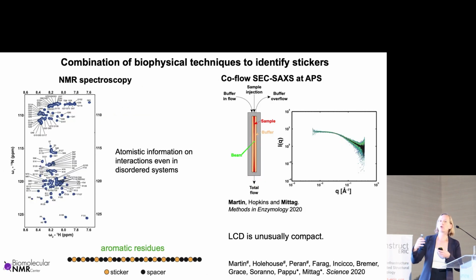So to look for the interactions that really drive this self-association, we took the stance that in dilute solution, these motifs should also lead to compaction of the protein and to self-interactions in the protein. So we used NMR spectroscopy to look at which types of residues in the sequence really like to mediate self-interactions.